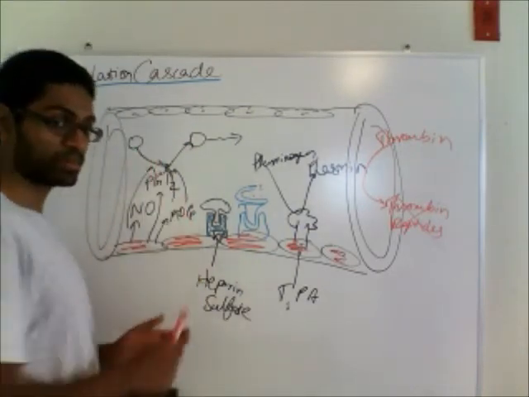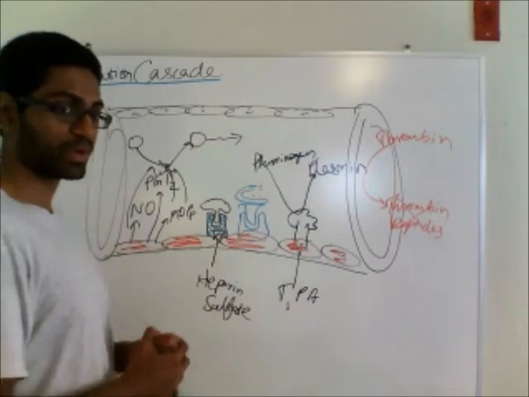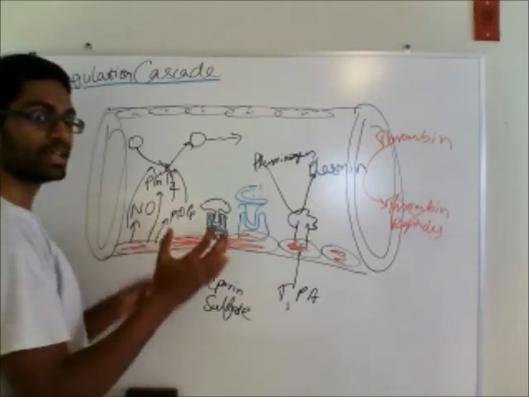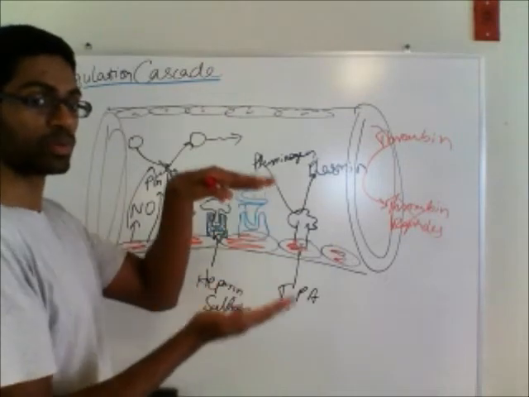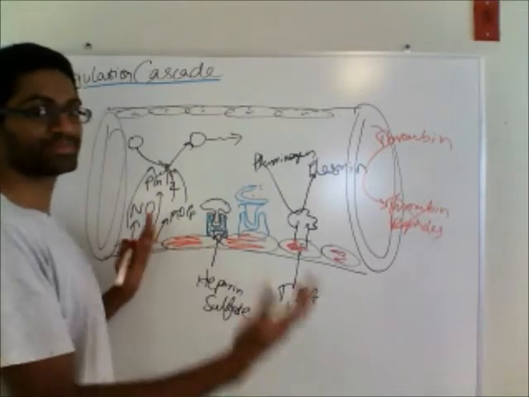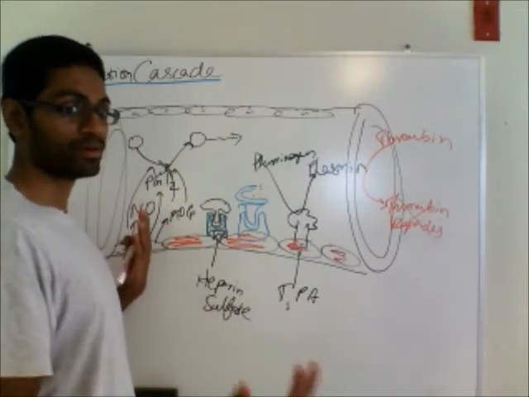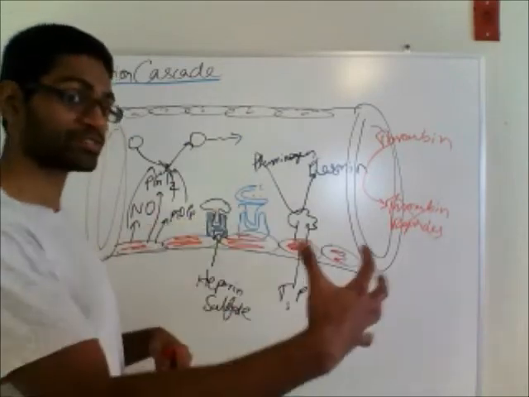Not only do they prevent the platelet from clotting, but they also help in vasodilation. So when these things are released, they're constantly dilating the blood vessel, making it bigger. Now when there's damage and a hole, they're not being produced anymore, so it automatically starts constricting. That's the first step, constriction.